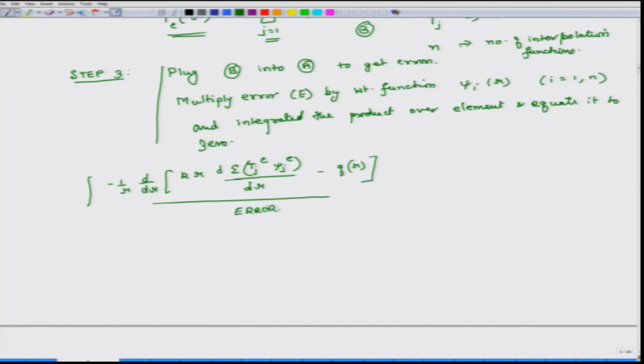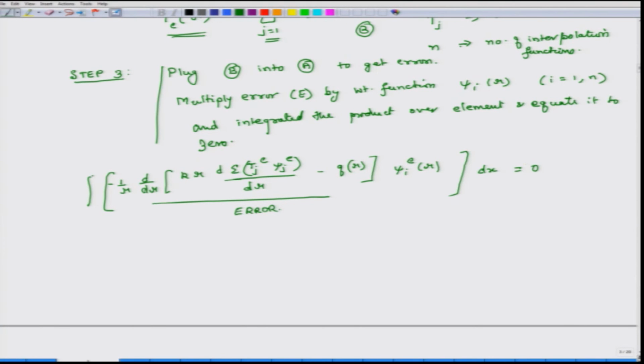I am multiplying this error. See here what I have done, I have substituted u by sum of Tj psi j. So, this is the error, and I am multiplying this error by a weight function psi I for the eth element, and this is also a function of r, and this entire thing is getting integrated over the element, and I am equating it to 0.